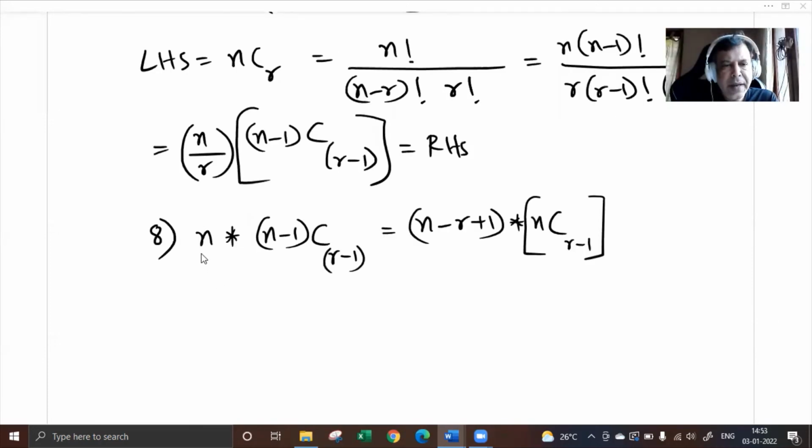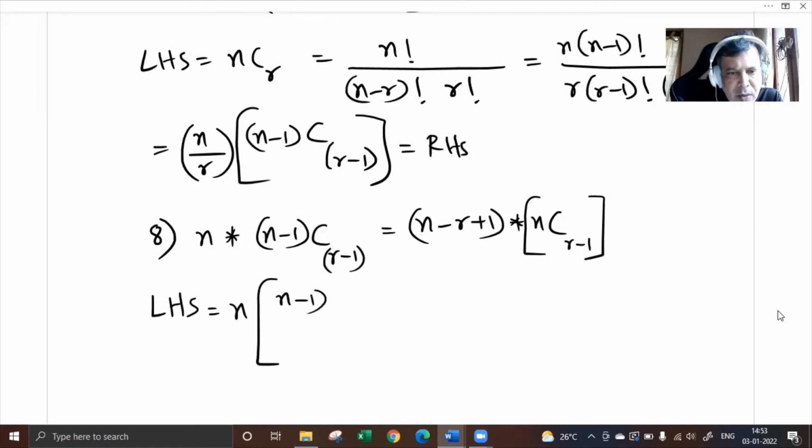Next to prove is n times (n minus 1)C(r minus 1) is equal to (n minus r plus 1) times nC(r minus 1). First let us take the left hand side, that we can write as n times (n minus 1)C(r minus 1), which is (n minus 1)! divided by (n minus 1 minus (r minus 1))! into (r minus 1)!.